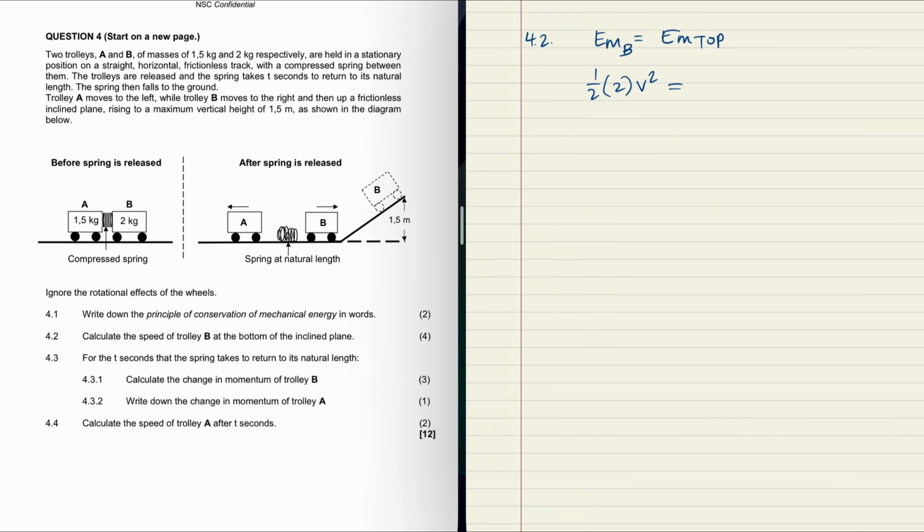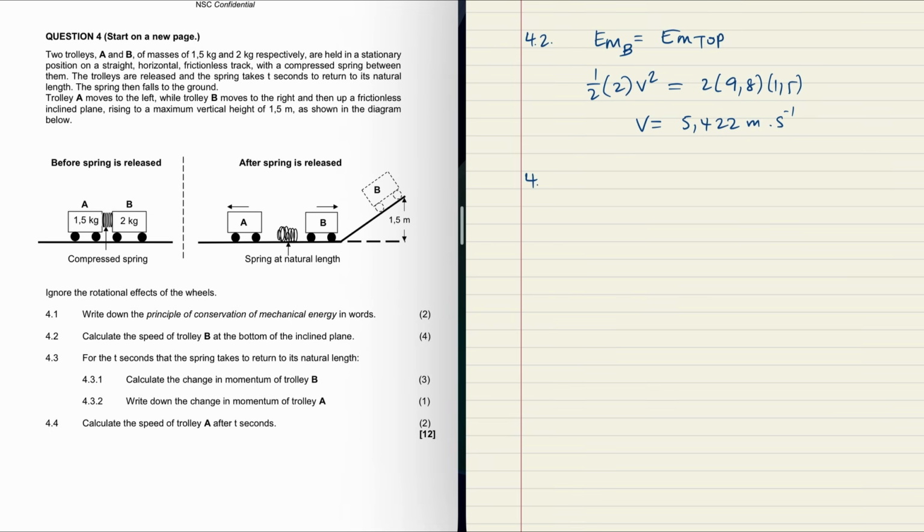And that's going to equal, at the top, there is no speed. It stops at the top. So there's no kinetic energy. So you're only going to have potential energy, which is mgh. So 2 times 9.8 times 1.5. We can then solve for V, and V is equal to 5.422 meters per second. They ask for speed, so we don't need to indicate a direction.